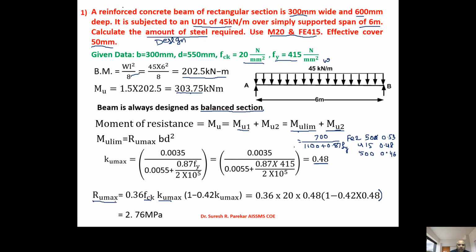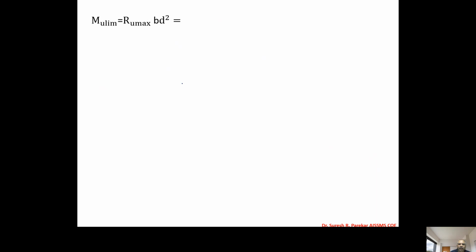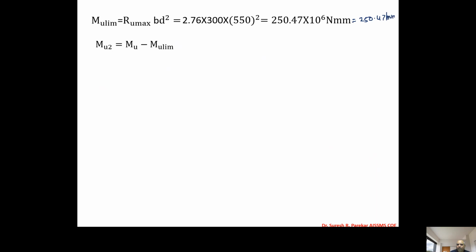And by using this we can find the value of Mu limit. Mu limit is Ru max into bd square, which gives 2.76 into 300 into 550 square, 250.47 Newton mm. So that is 250.47 kilonewton meter.